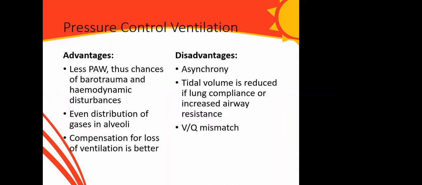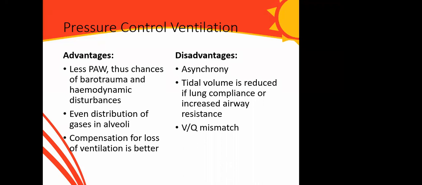So quickly, the difference between volume controlled mechanical ventilation and pressure controlled mechanical ventilation is the preset parameter. In volume control, it is the tidal volume. For instance, you want to give the patient 500 mils of air, you set your tidal volume at that.